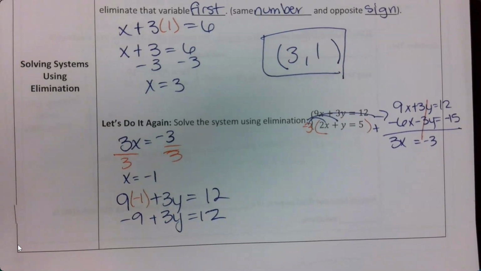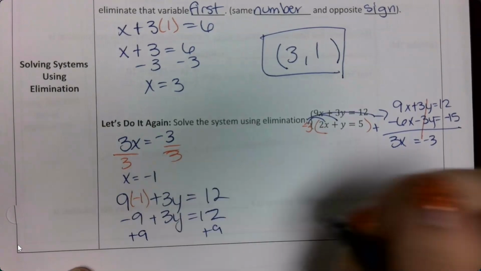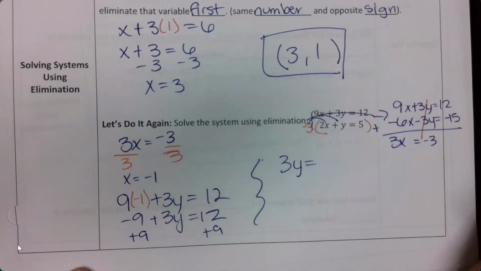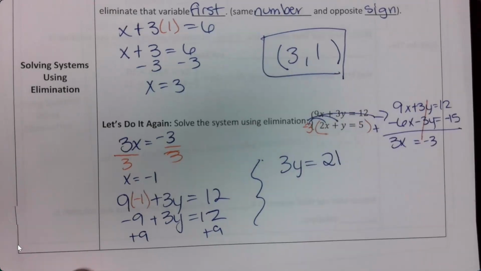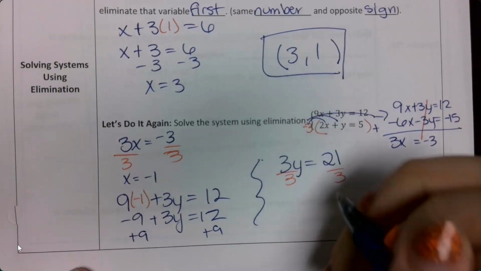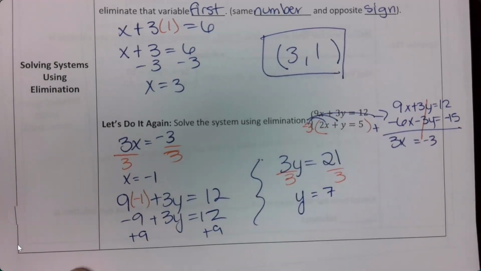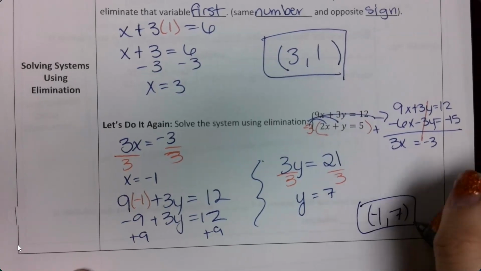Okay, then what do I want to do with that -9? So I get 3y equals, what's 12 plus 9? 21. And then what? And I get y equals 7. So my answer here is -1, 7.